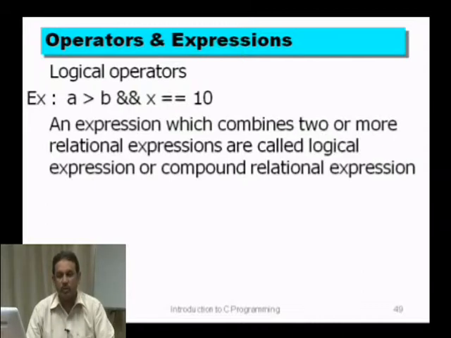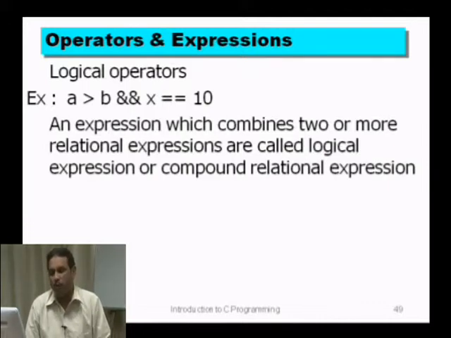Assuming A is equal to 15 and B is equal to 10, 15 greater than 10 is true, and X is equal to 10 is true. Both are true, so this expression will be evaluated as true.